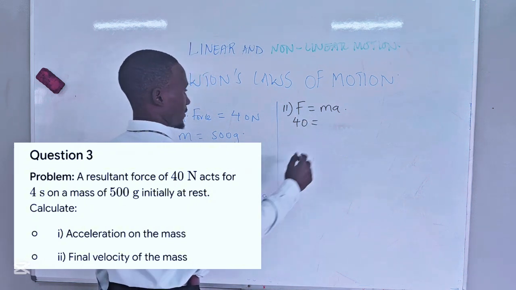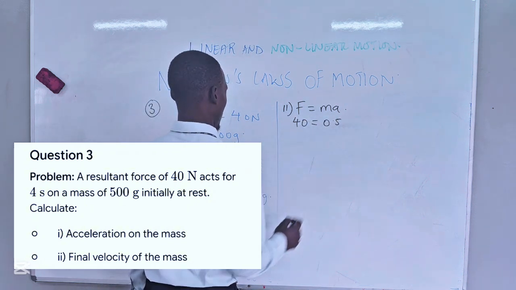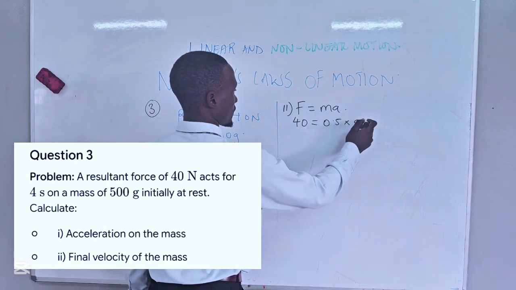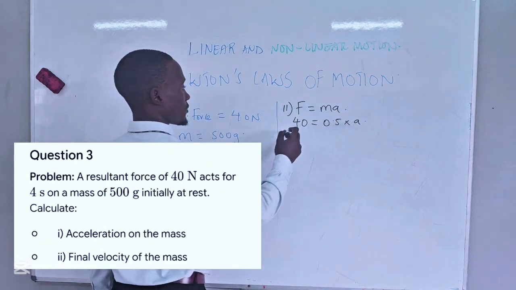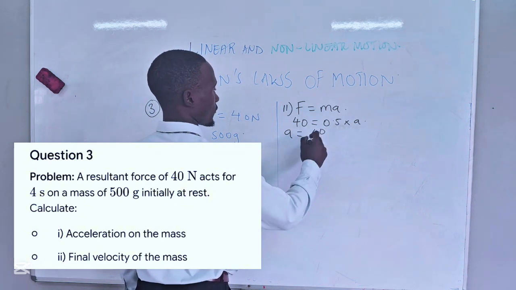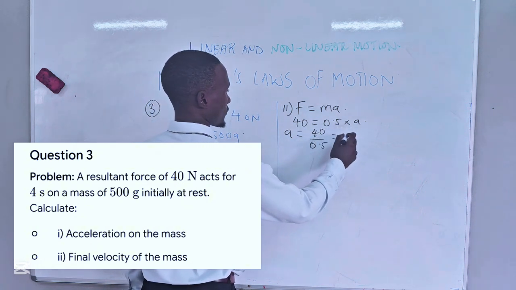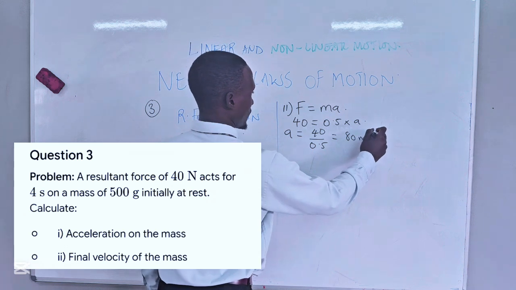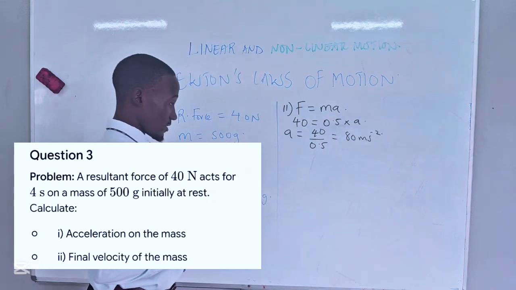They're telling us that the mass is 0.5 kgs times the acceleration. So this tells us that the acceleration is 40 over 0.5, which is equal to 80 meters per second.